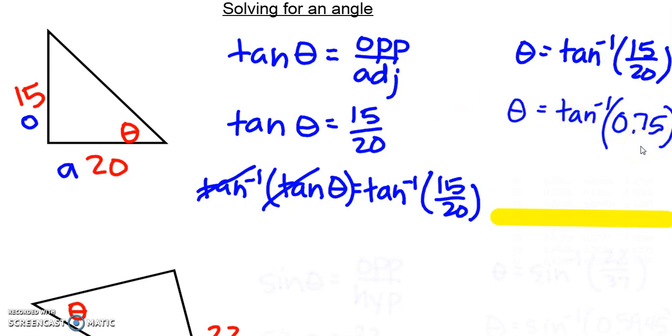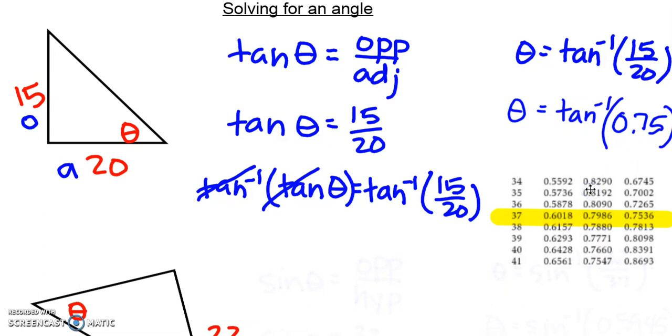And now this is where you need to pull out your table. We're going to look in the tangent column of the table and find where the decimal is closest to 0.75, and then look over at the angle that goes with it. I've just taken a little snippet of a table. It doesn't have the same font as your table, but it is the same table.